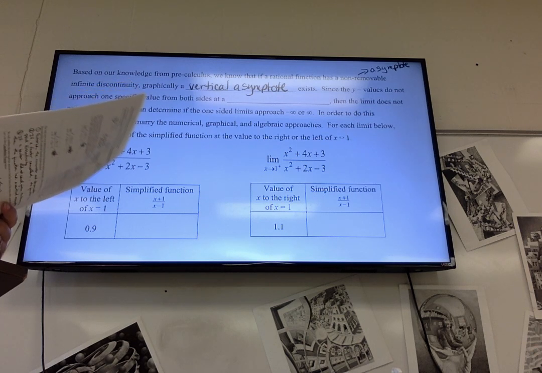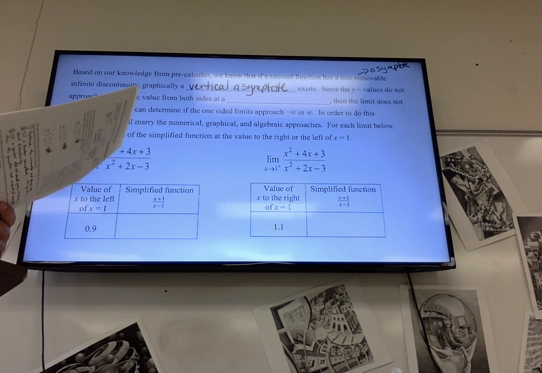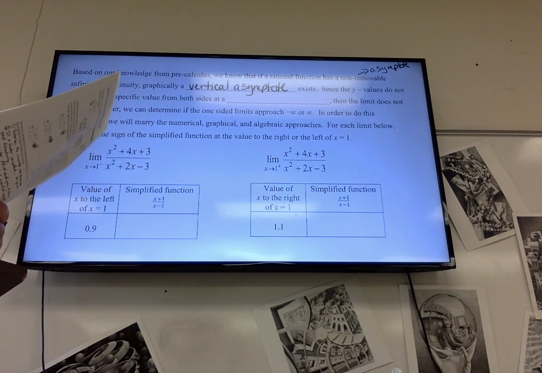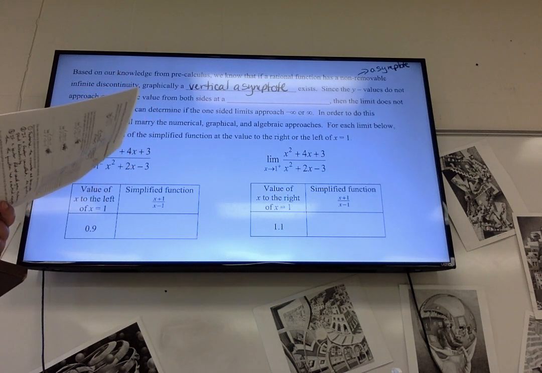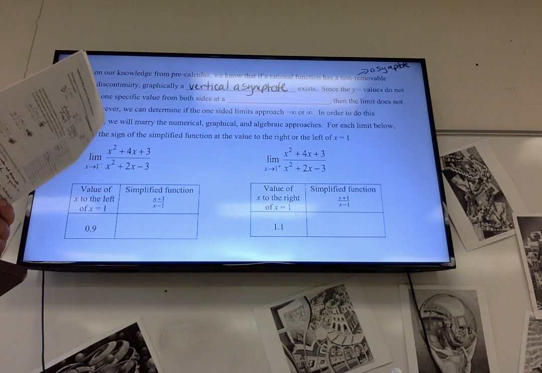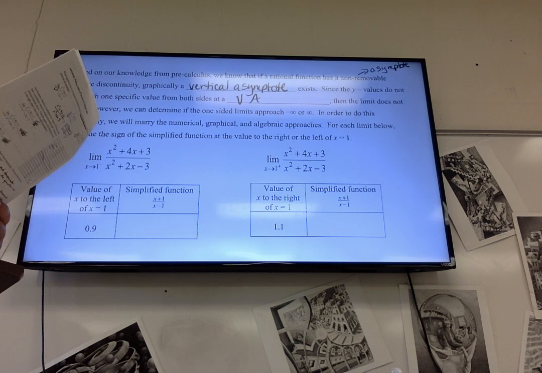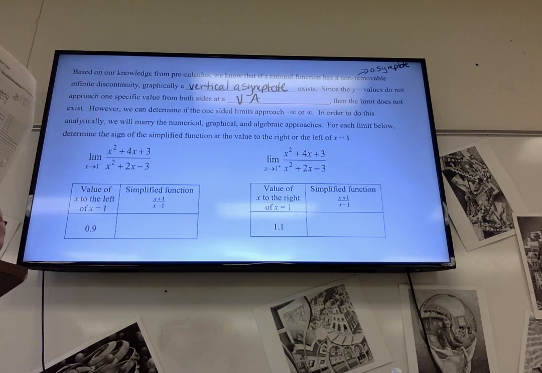So if a rational function has a vertical asymptote, and since the y values do not approach one specific value from both sides at a, again, that's a vertical asymptote, then the limit does not exist. However, we can determine if the one-sided limits approach negative infinity or infinity. In order to do this, we will basically have to do a graph or a table of information.